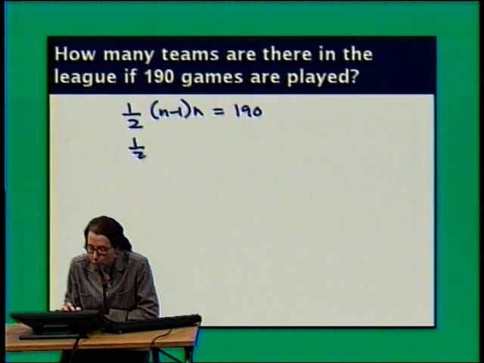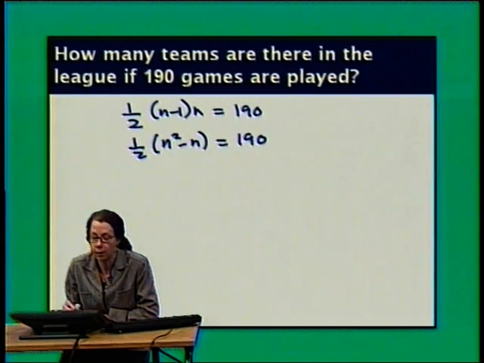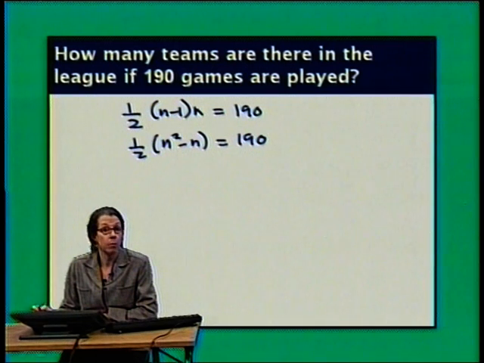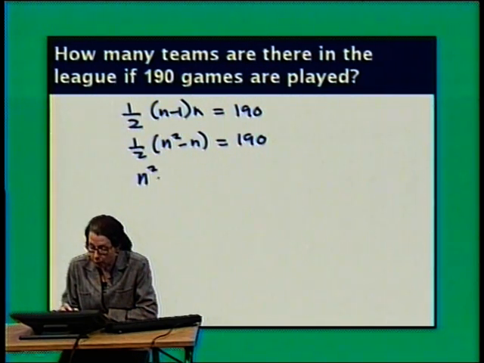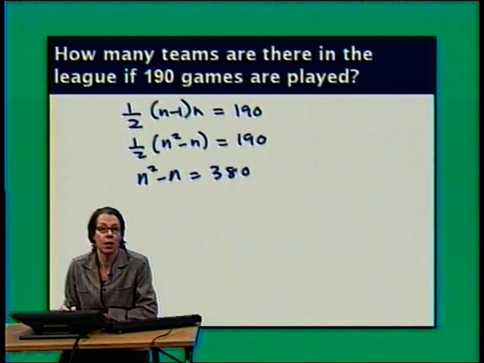So distributing n through n minus 1, I have 1/2 n squared minus 1/2 n equals 190. So multiplying both sides of the equation by 2, I'm left with n squared minus n equals 380. To solve this either using the quadratic formula or by factoring, I need to subtract 380 from both sides.